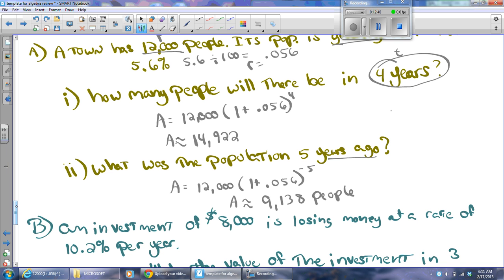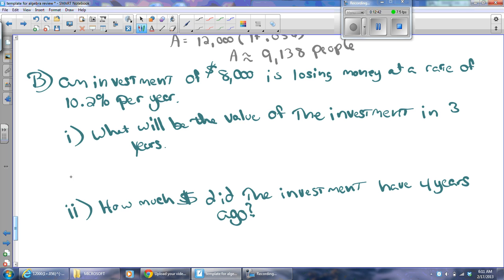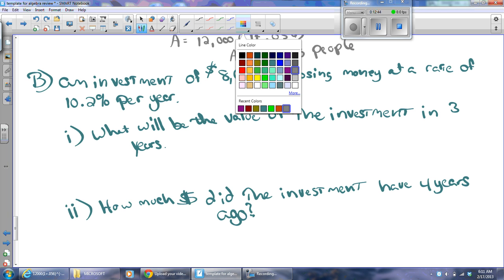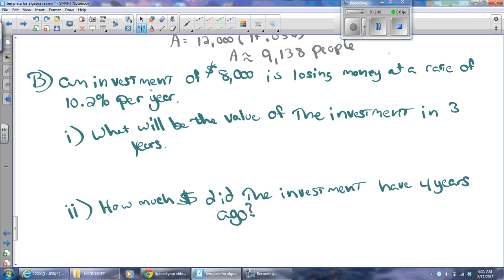Okay, here's the same type of problem. This time an investment of $8,000 is losing money. That tells me that I'm going to use the minus r. 8,000 is my principal. Rate of 10.2% per year.